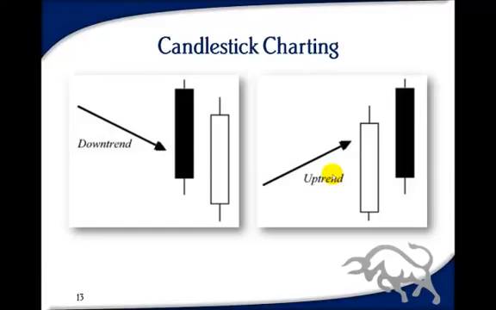I think the guideline here is that the close of the second day should be more than halfway up the length of the body of the first candle. The one on the right, the bearish sign, is called the dark cloud cover. They have some picturesque names taken from the Japanese, and again the idea is that it shows a lot of strength to push it in the reverse direction.